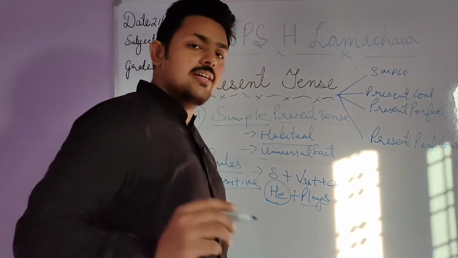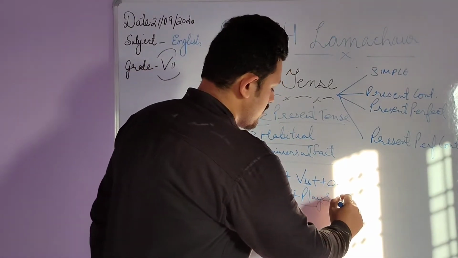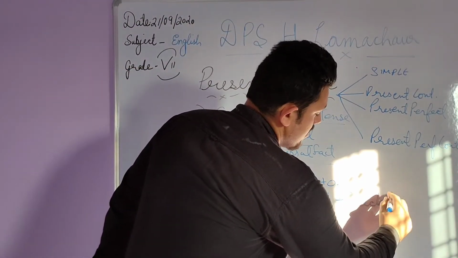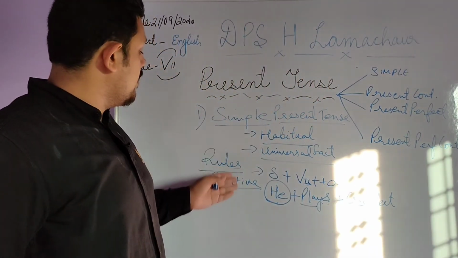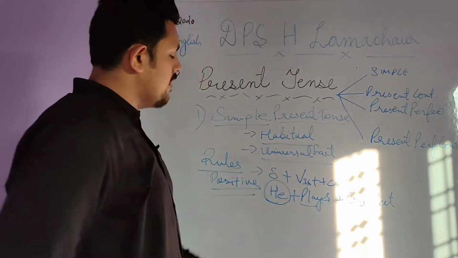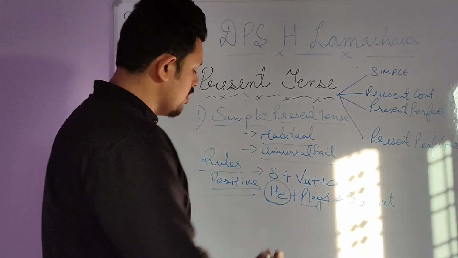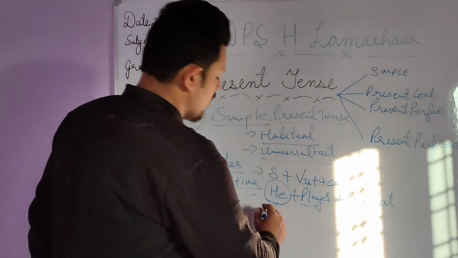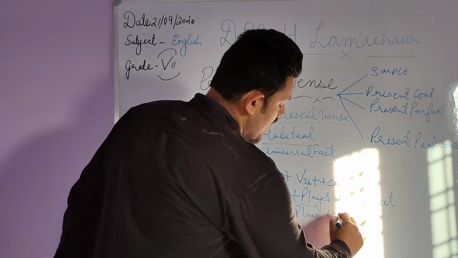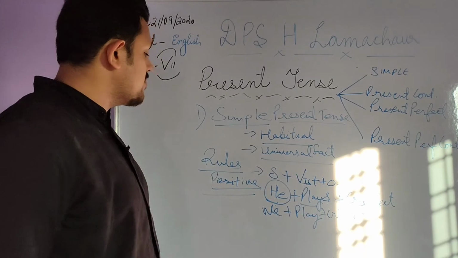When we have s, it is a singular verb. When we don't have s, it is the plural verb. So he plays plus the object. He plays what? He plays cricket. So this is the first rule of simple present tense. When we have a positive sentence, we will use he plus plays plus cricket. S is used with the singular subject, and if we would have we play cricket, s would be removed.